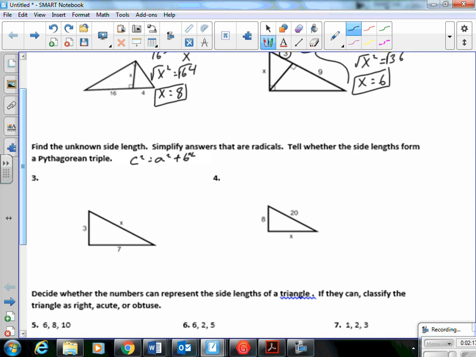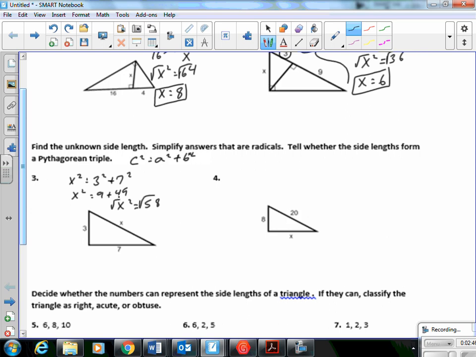So for this first one, our x is going to be where the c is, so x squared is going to equal 3 squared plus 7 squared, or x squared equals 9 plus 49. Add the 9 and 49, we get x squared equals 58.